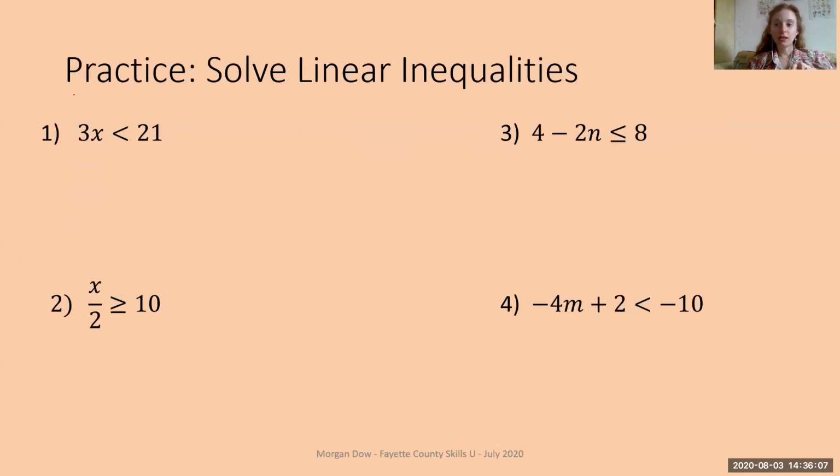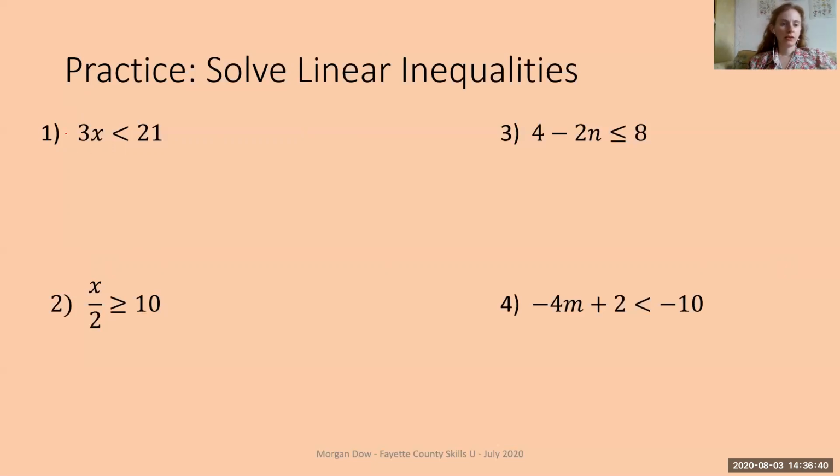Our goal is to isolate the variable on one side of the inequality symbol. And the way that we isolate the variable is by canceling out the numbers using inverse operations, right? So those are the two key things we thought about last week when we were solving equations: our goal is to isolate the variable, and we accomplish that goal by using inverse operations. So let's take a look at number one here.